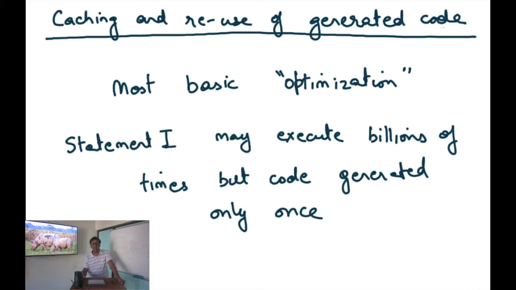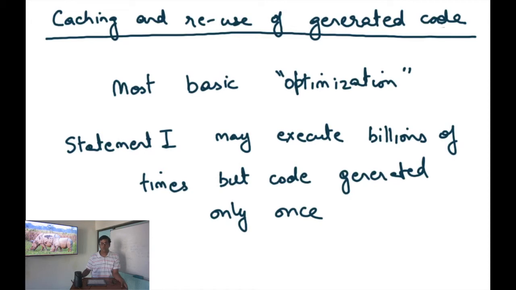Actually, caching and reuse of generated code is the most basic optimization. In reality, a statement in a long running program, for example, let's say you write a program in a high level language like C or Java, a statement in your program is likely to execute millions or billions of times, or maybe even trillions of times, right?